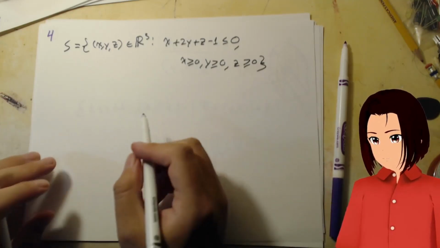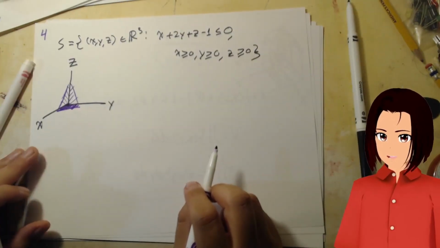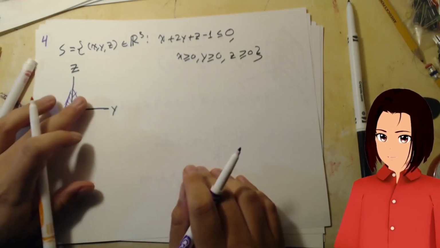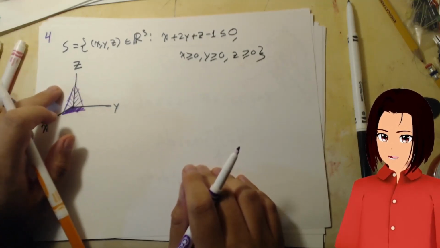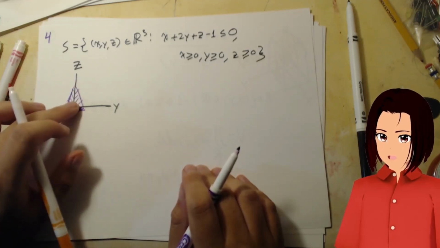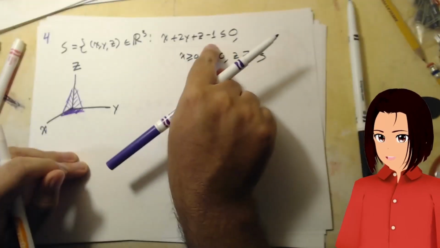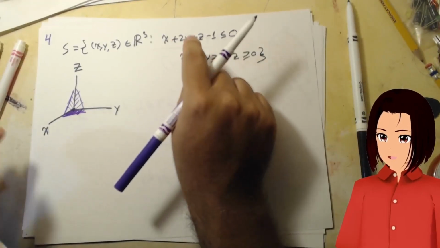So I'll draw it for you. Here is the tetrahedron, and it's bounded by the xy plane, the zy plane, and the zx plane. And this right here is a slant, this plane, and I will draw the rest of the plane for you.